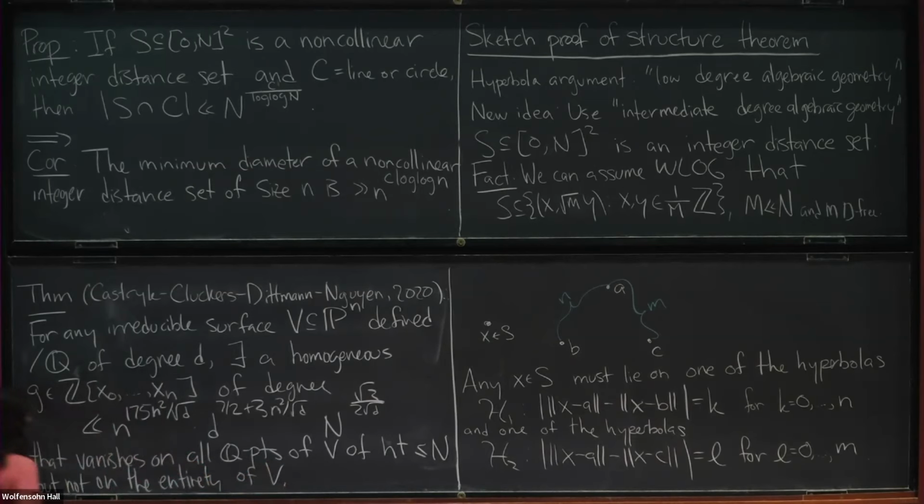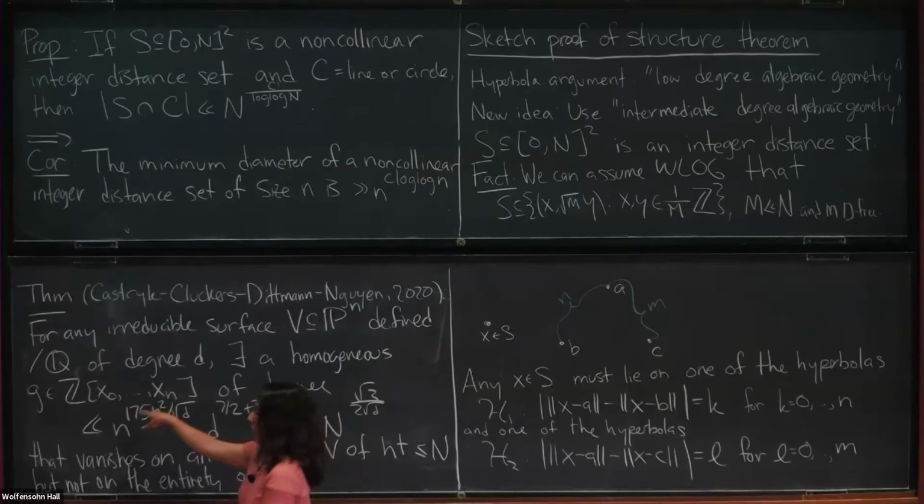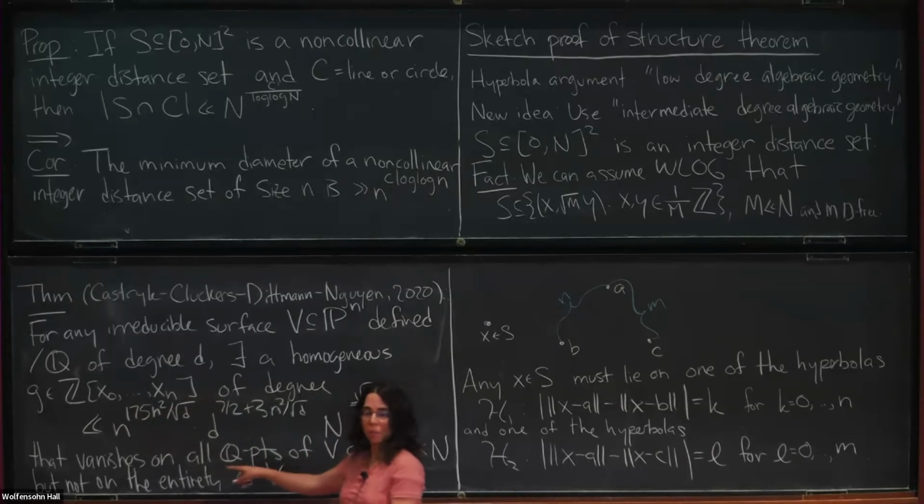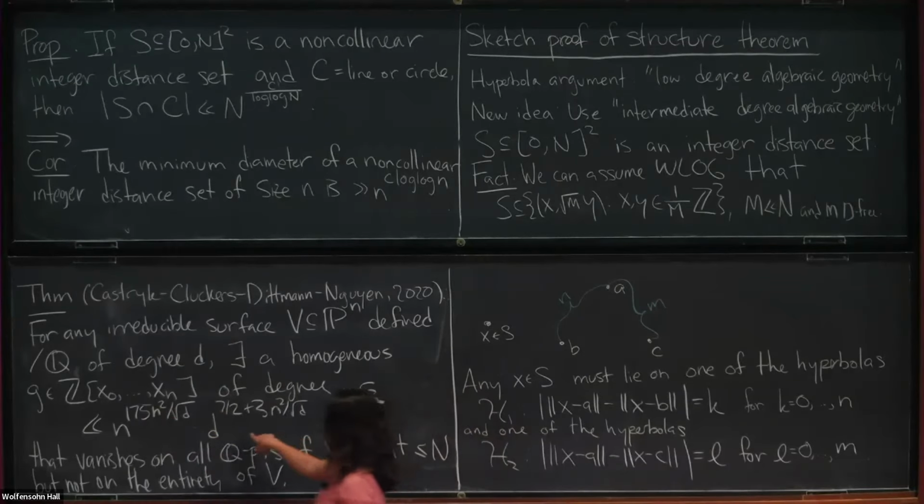Okay, so V is irreducible. So if you intersect V with the zero set of this G, you get all of the rational points of V of height at most n being covered by some curve of this total degree. Okay, so we apply this theorem and we pick k to optimize this bound, to balance these contributions.